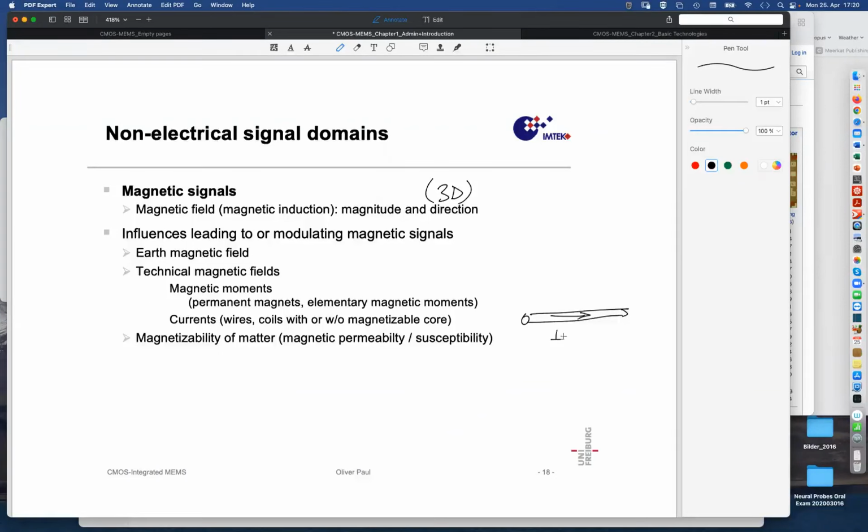If we have some current flowing through a wire, this wire is surrounded by a circular magnetic field with a very easily described dependency on the distance from the current, 1/r. And so here is a magnetic field that we might measure with a sensor.